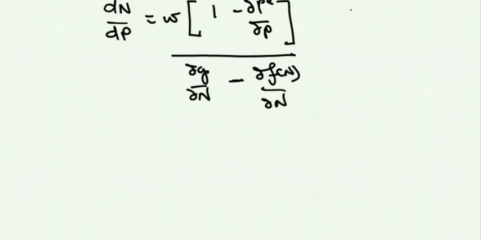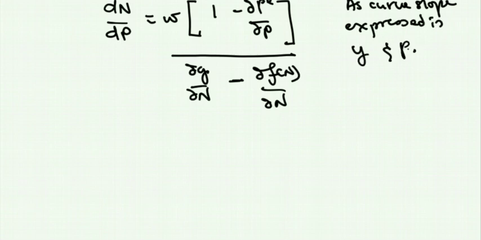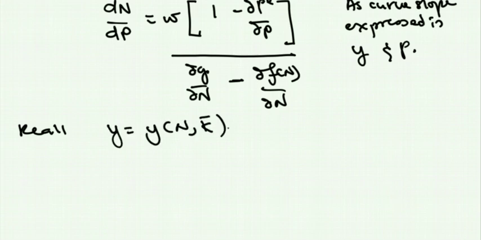Okay, we want to express AS curve slope in the form of y and p. So we recall production function is this, isn't it? Okay. Now because capital is constant, therefore we just use n as the factor of output.